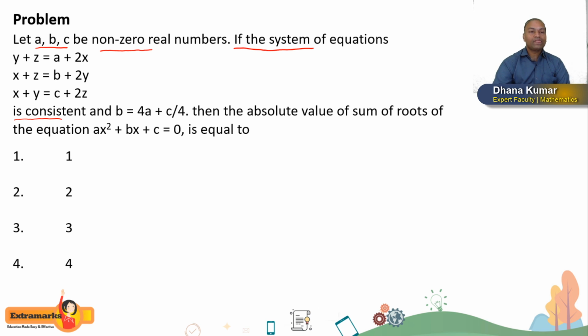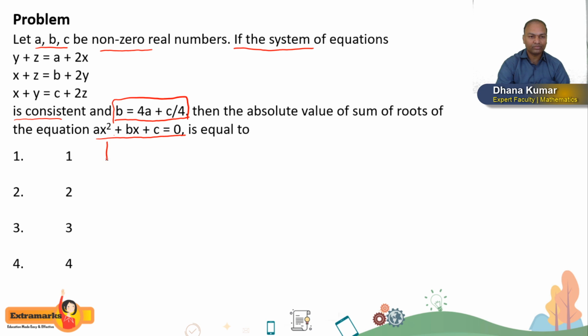Clear? Right. And B is equal to 4A plus C by 4, one condition. Then the absolute value of the sum of the roots of the equation is equal to dash. First of all, suppose alpha comma beta are the roots. Then the sum of the roots formula is what?